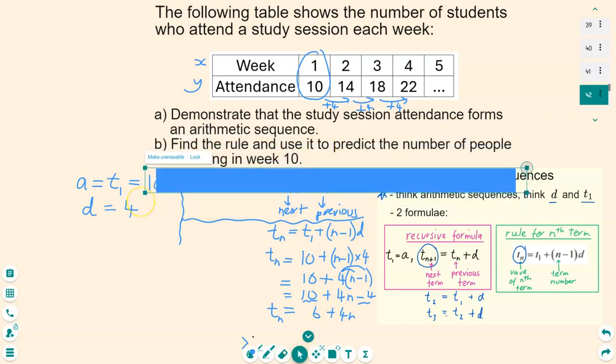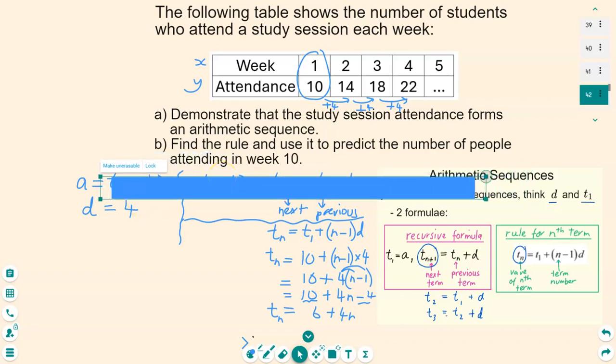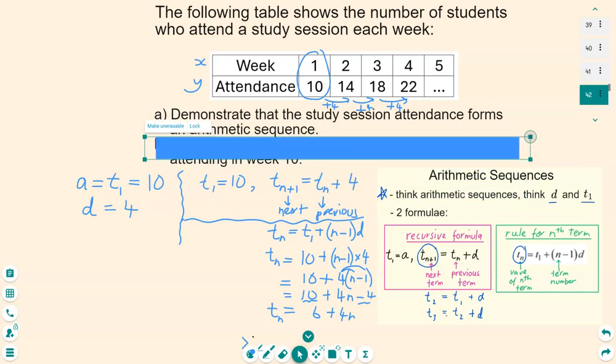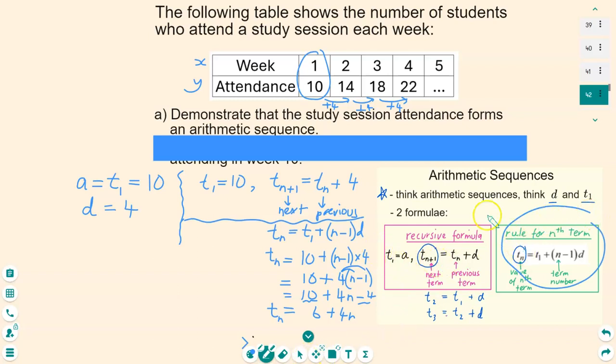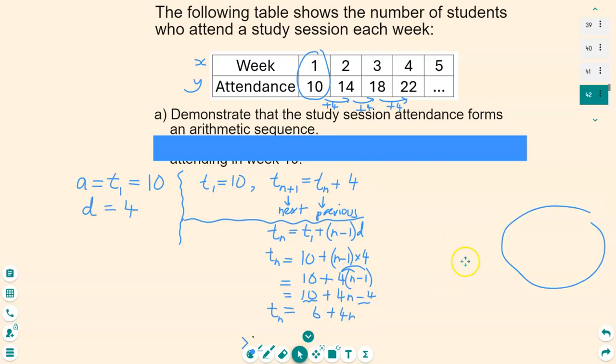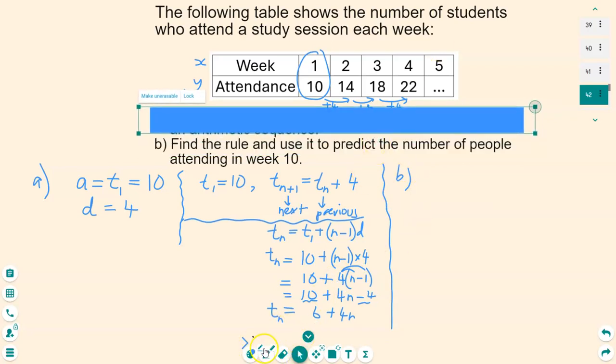Find the rule and use it to predict the number of people attending in week 10. We have found the rule. Part A is done over here. For B, let's write our rule in simplest form, the rule for the nth term: Tn equals 6 plus 4n.